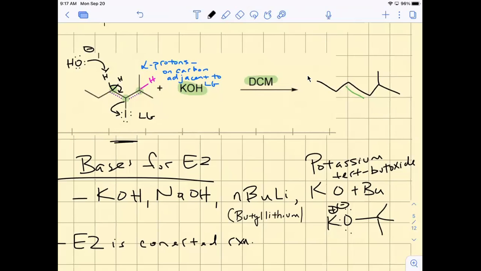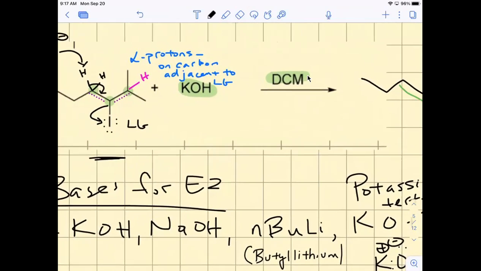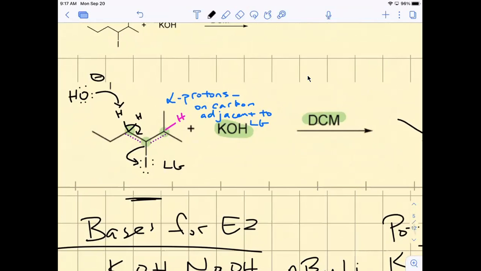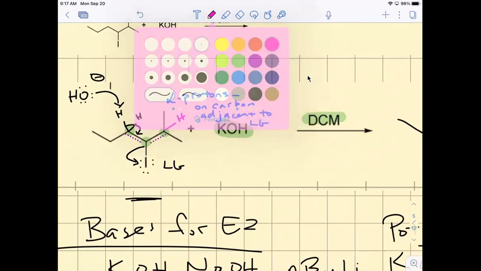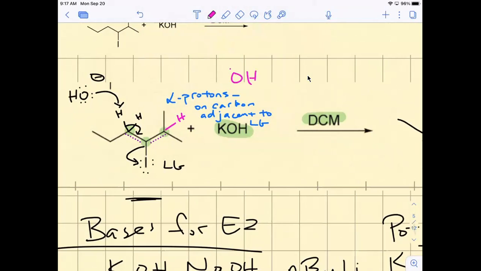All right, so that's one of my products, and then the other product, the hydroxide is going to come in from the opposite side and pull off that pink proton. So this is negative. This is coming here like so. Boom. Same thing here. And I'm losing a leaving group. And again, this is happening not simultaneously on each proton, but on another molecule of that substrate.